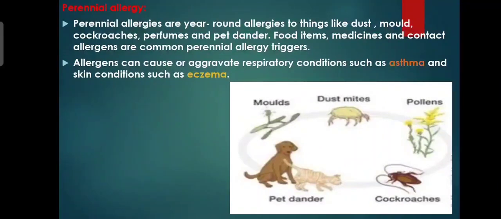Diagnosis. Perennial allergic rhinitis can be diagnosed by the primary care physician but may be best diagnosed by a doctor who specializes in disorders of the ear, nose and throat. Your doctor will talk to you about your medical history and ask you about the symptoms you are experiencing.